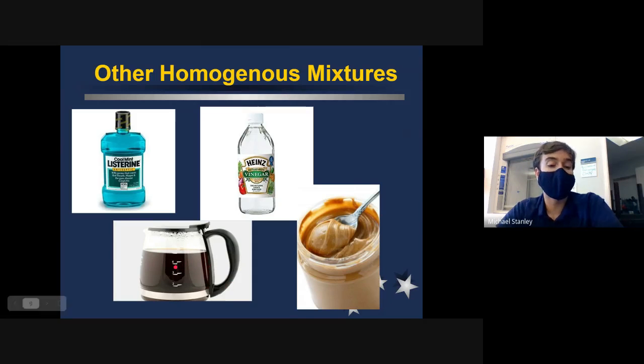So every sip of coffee, assuming you're drinking like black coffee and you haven't mixed other stuff in, but every sip of coffee should taste the same. All of the caffeine and coffee flavor and water should be evenly mixed together. No matter if it's your first cup or your third cup, it should taste the same. There should be the same combination of mixes.